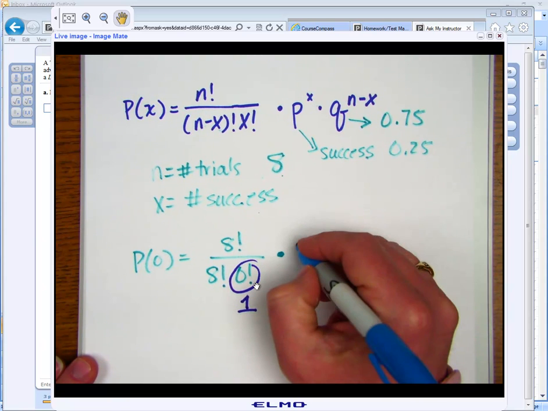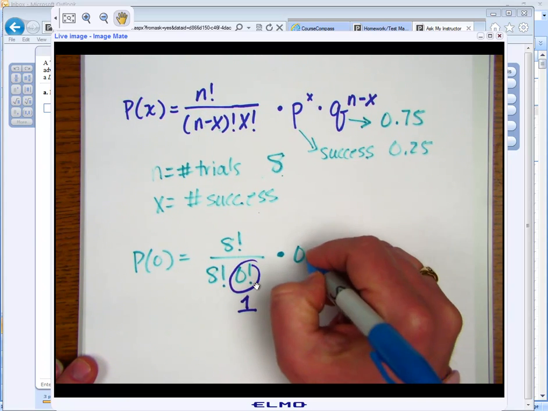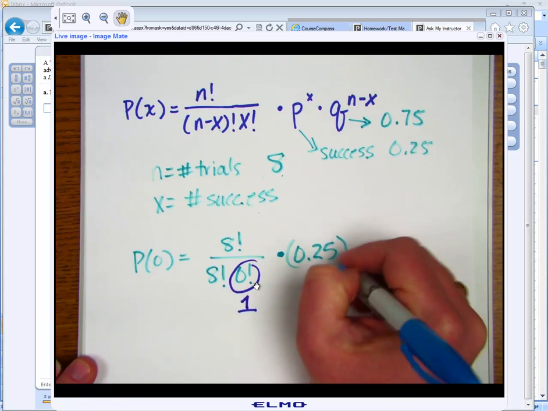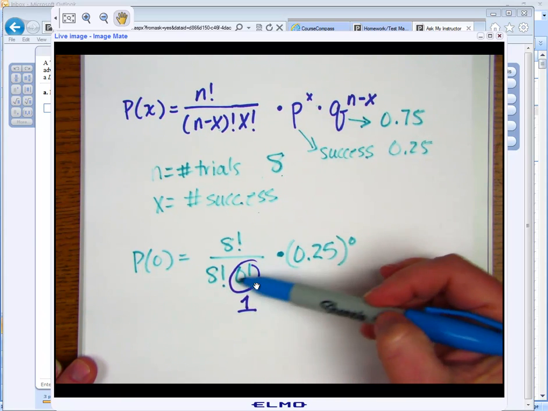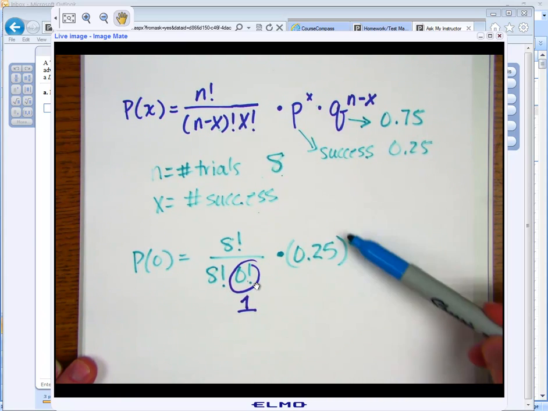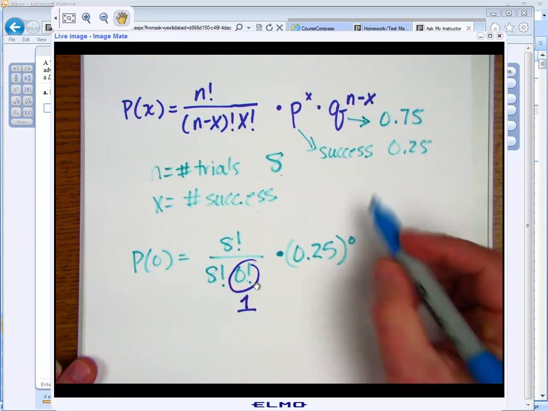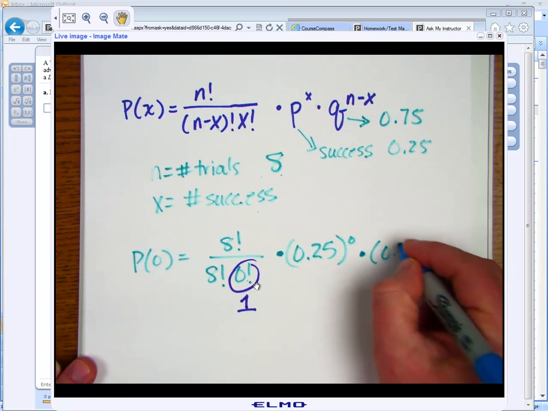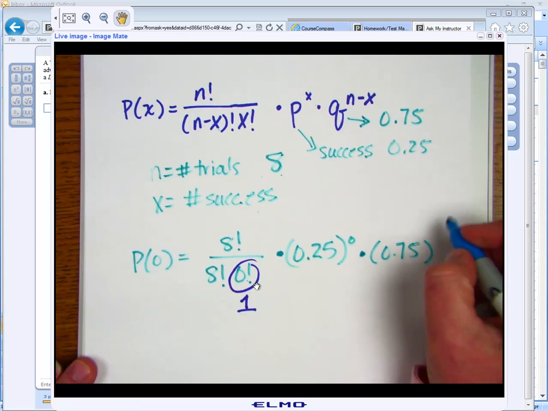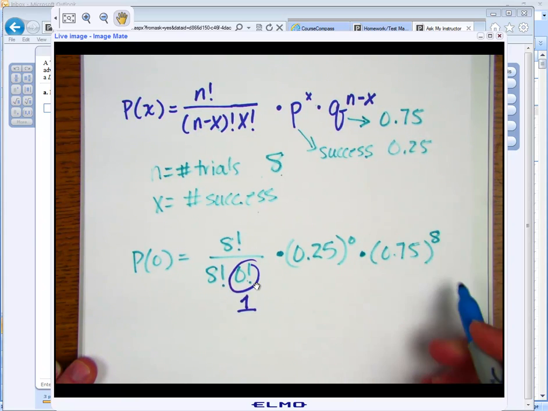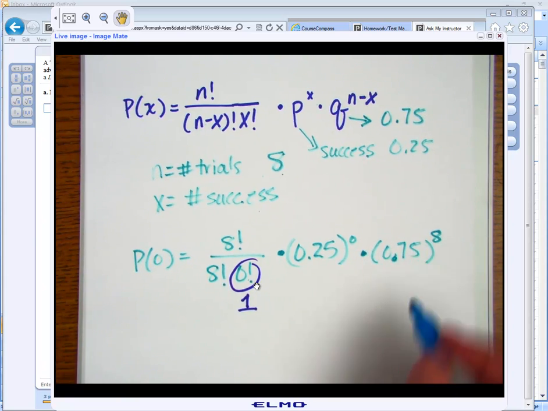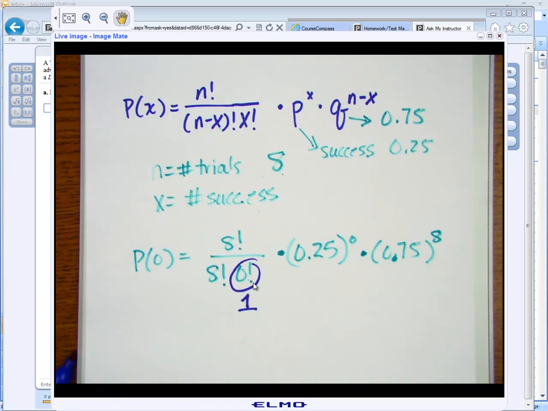Then we're going to have 0.25 raised to the 0, because this is asking me 0 successes. So I filled in a 0 here. I got to fill in a 0 exponent here, times 0.75 raised to the 8 power, because all of my trials are going to be failures. Okay, so that's one way to do it.